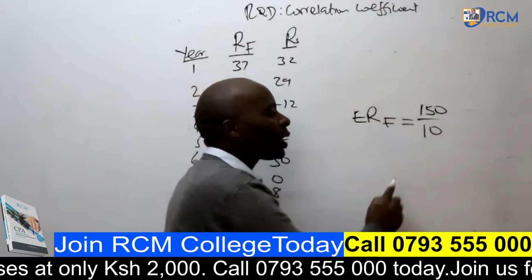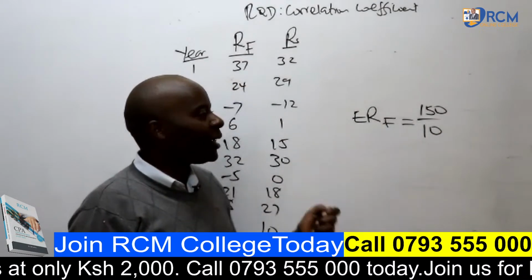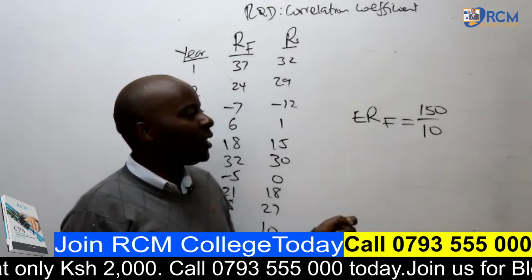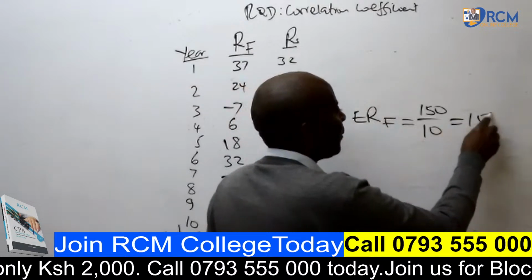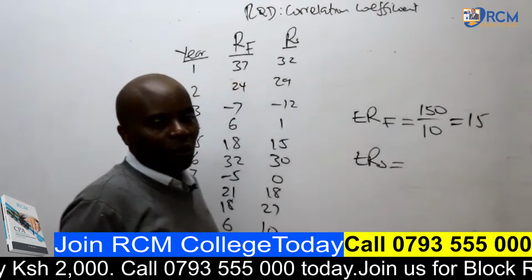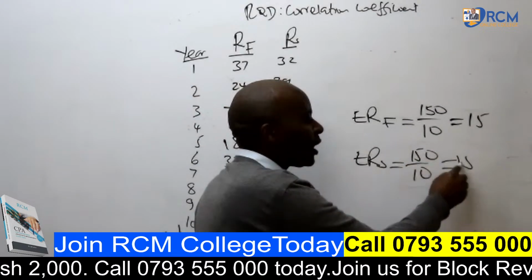When getting expected returns, we don't say minus 1. You take 150 divided by 10, which gives us 15. The expected returns of the second security will also be 150 divided by 10, which gives us 15.